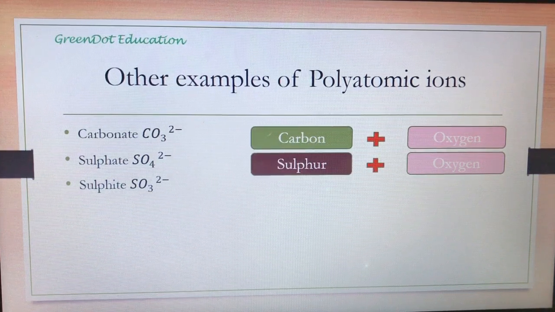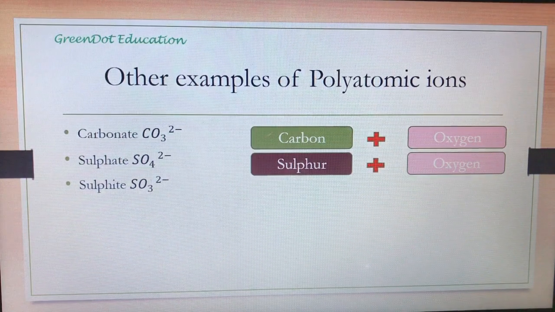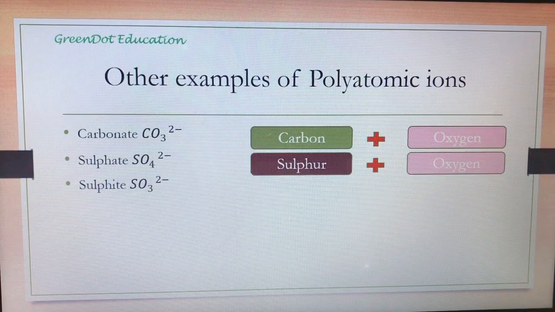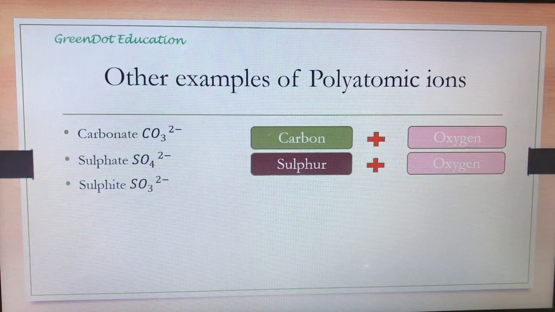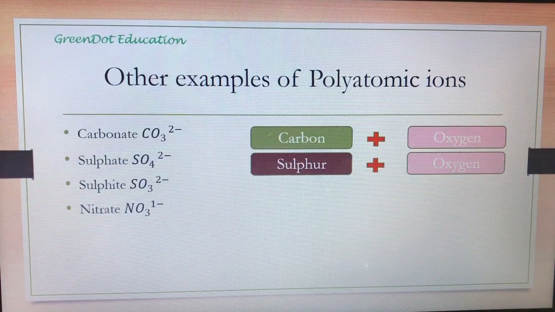Now sulfite. In sulfite also the same combination takes place, sulfur and oxygen, but here the number of oxygen atoms varies. In sulfate the number of oxygen atoms is 4, but in sulfite the number of oxygen atoms is 3, but it gives the same valency. Then we have a look at nitrate.